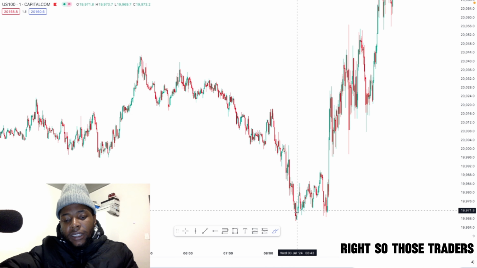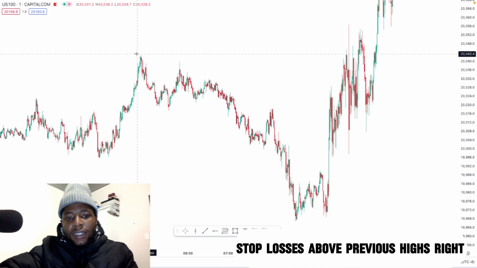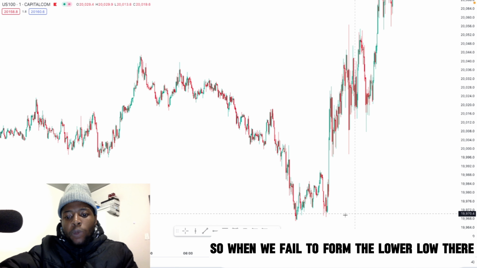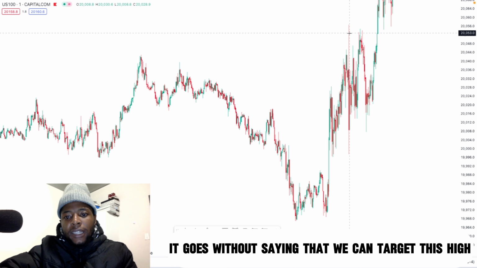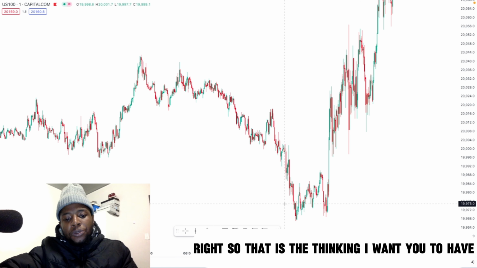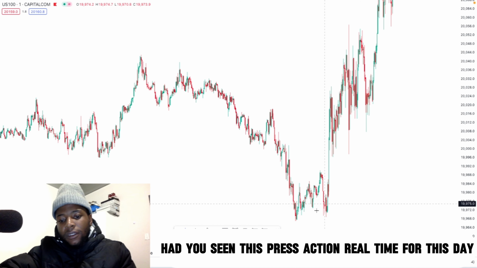So those traders, they will most likely put their stop losses above previous highs, right? So the highest high would be this one. So when we fail to form the lower low there, it goes without saying that we can target this high, right? So that is the thinking I want you to have. Had you seen this price action real time for this day, right?